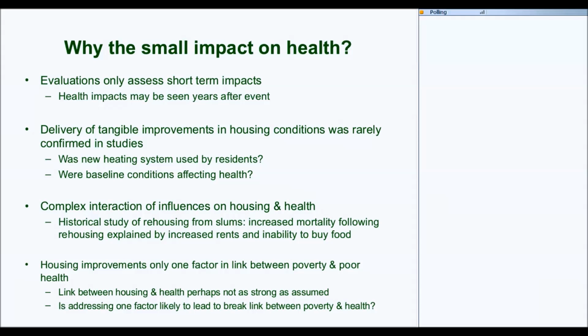So it might be that some of these housing improvement programs are delivered for reasons other than really just improving the warmth conditions of a house. So we don't know whether the baseline conditions of the house were actually affecting the health of residents.